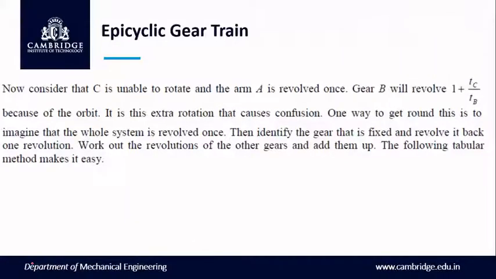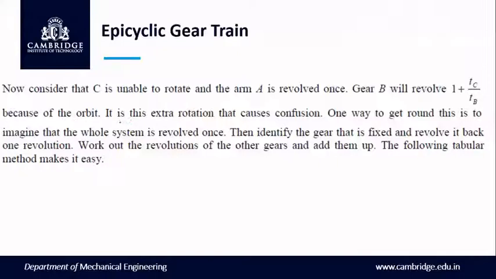If you consider that gear C is unable to rotate and arm A is revolved once, gear B will revolve one additional rotation plus the ratio of teeth on gear C divided by teeth on gear B because of the orbit.